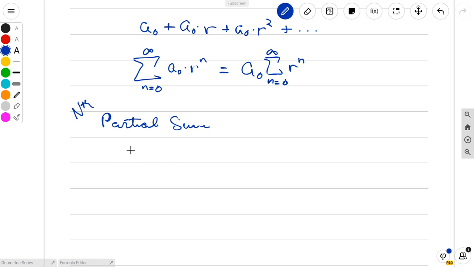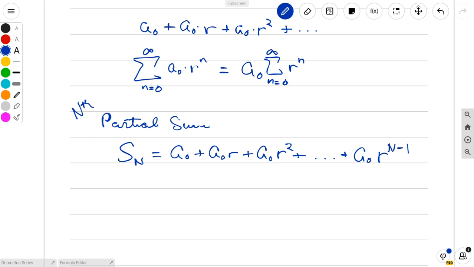All right, and so this nth partial sum is going to look like a sub 0 plus a sub 0 r plus a sub 0 r squared plus a sub 0 r cubed, all the way up to, now the nth partial sum is going to end at r to the n minus 1, right?